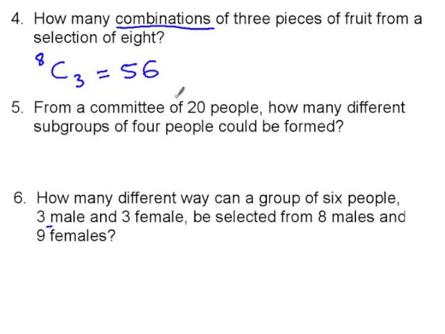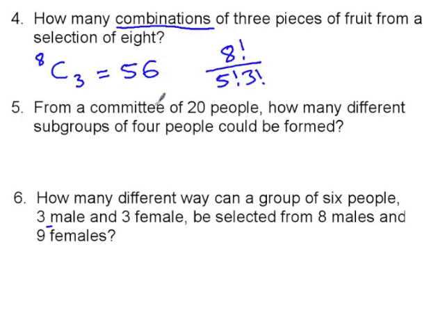Up to now we've been working out these answers manually, but it's also important that you know how to do them on a calculator. 8 choose 3 is 8 factorial over 5 factorial times 3 factorial. So try putting this into your calculator and making sure that you do get the answer of 56.